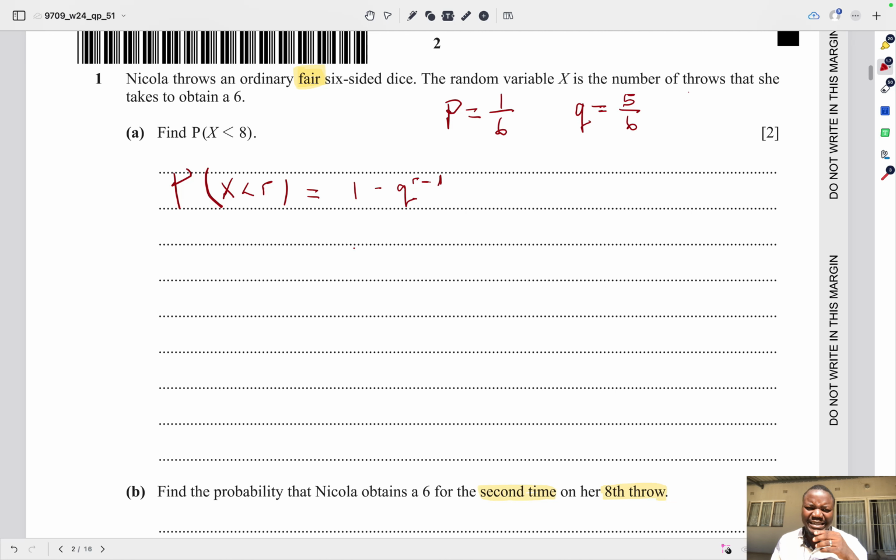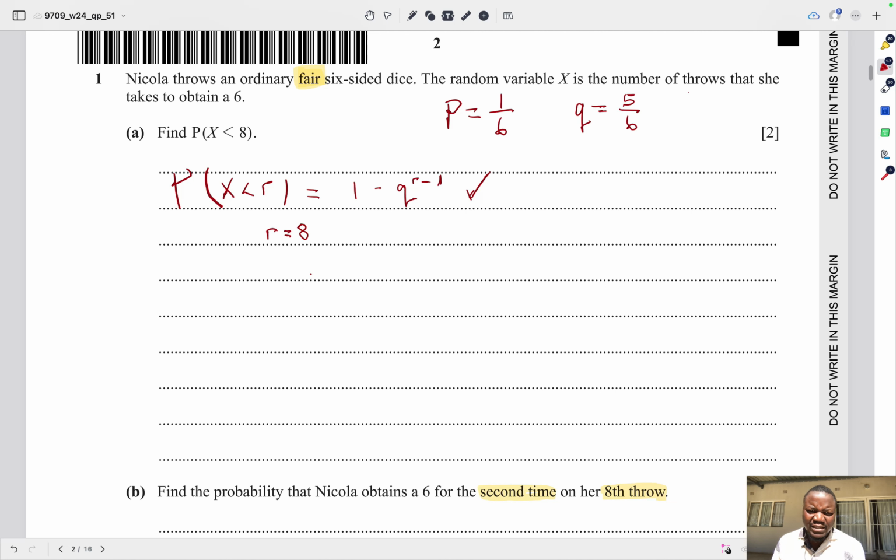If we are to attain success in less than r attempts, the formula that we looked at in our notes is this one. So this is the formula that fits this question. They said find the probability that we are successful in less than 8 attempts. So our r is actually 8. Very important to note that.